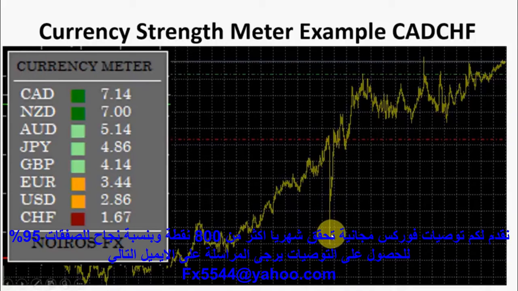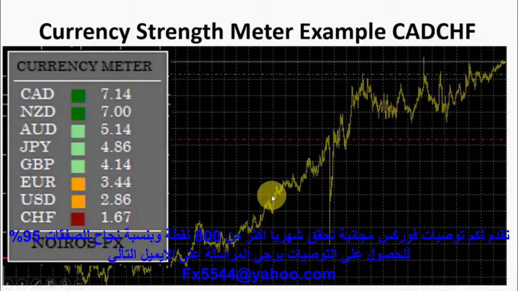I will talk a little bit more about that later on. So you buy into a pullback with 10 pip profit and 5 pip stop loss. So you continue to do this all day long, and keep on checking whether the strength has changed. When Canadian dollar is no longer strong, you will stop trading.